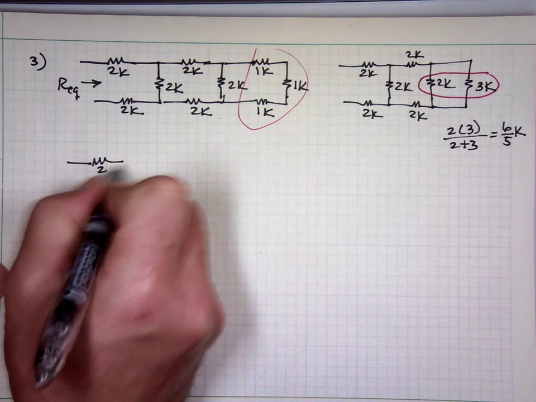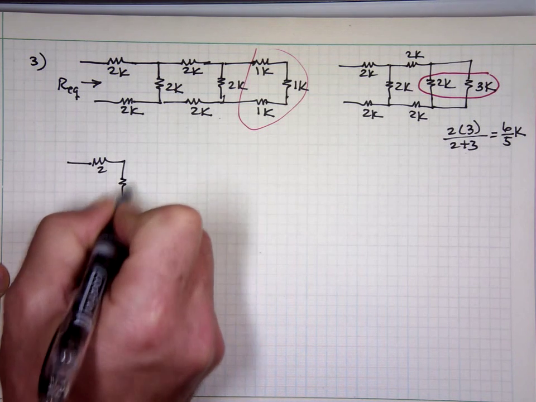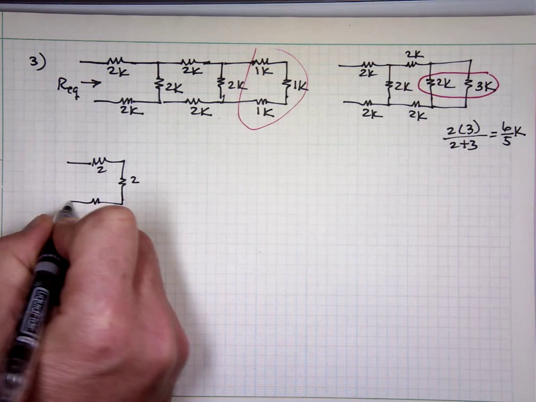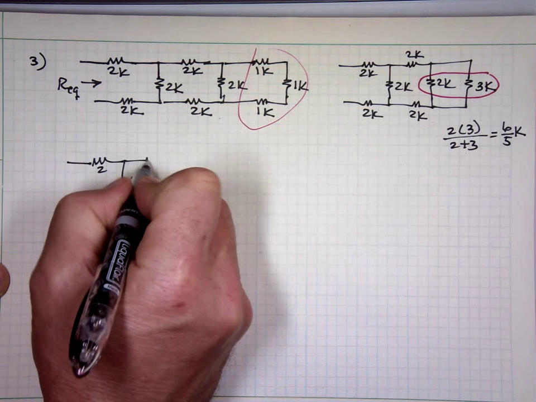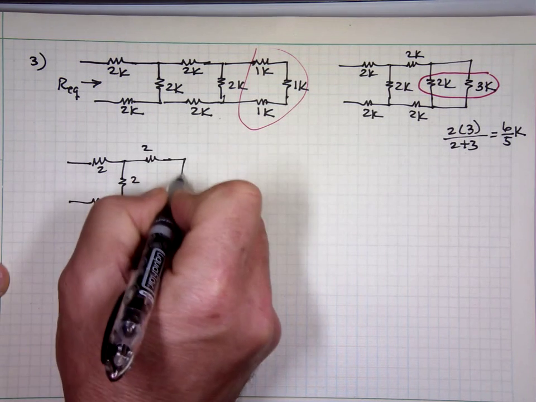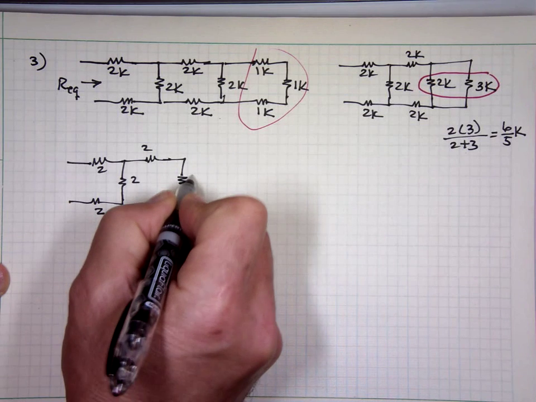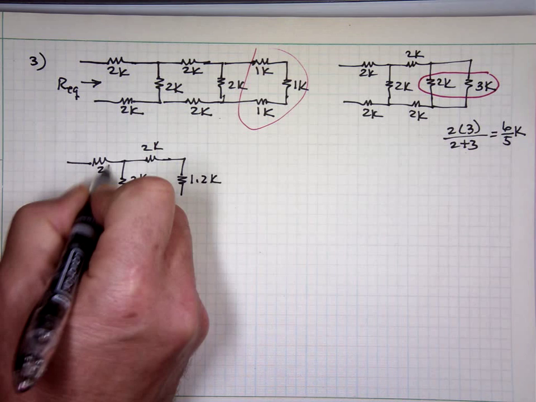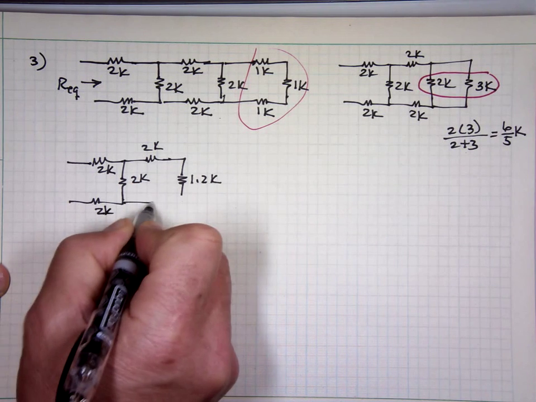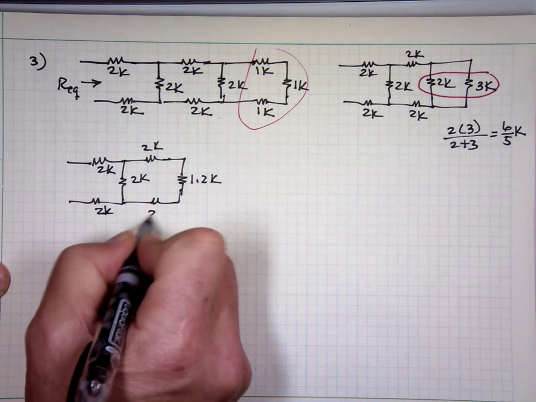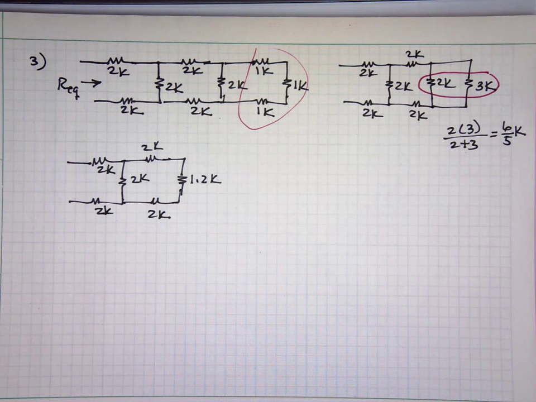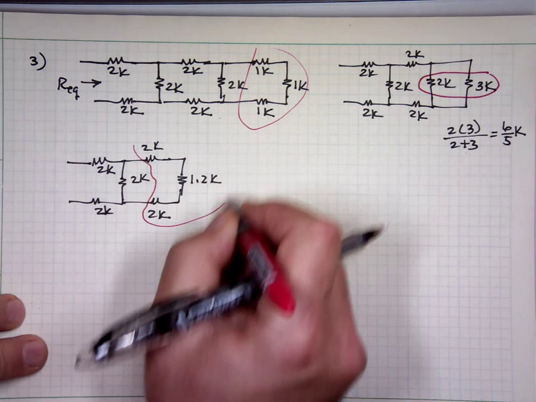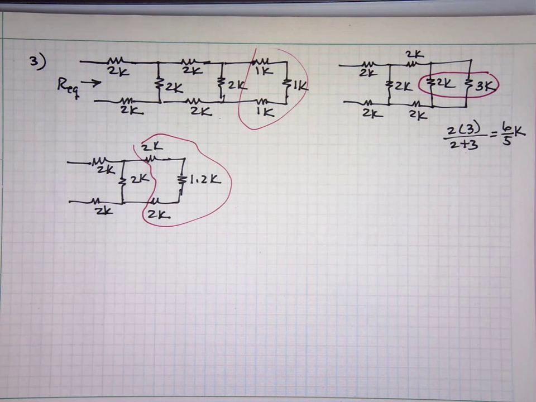2, 2, 2, 2, and we said, what was it, 1.2 here? Yep. 6 over 5. These 3 are connected in series. We add them. Is that 5.2?